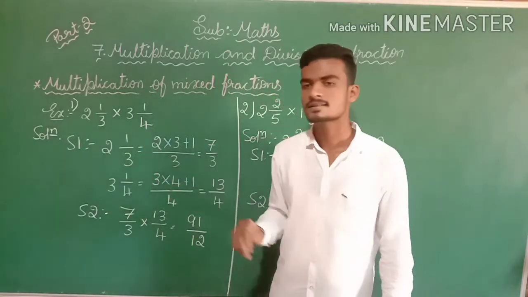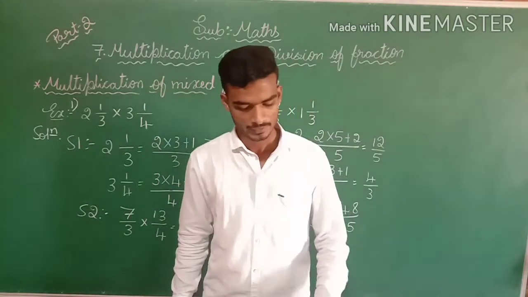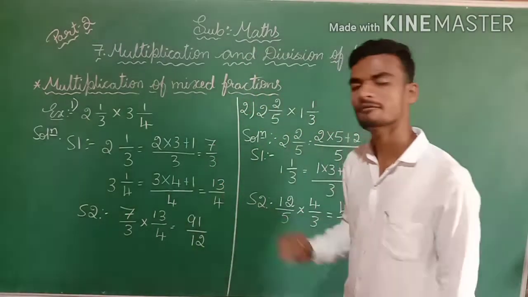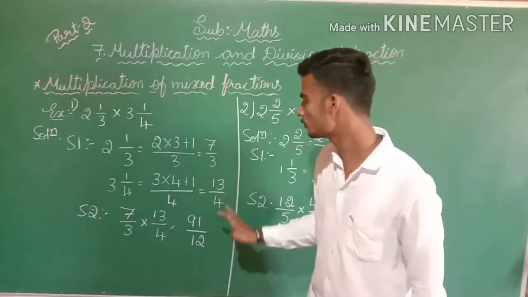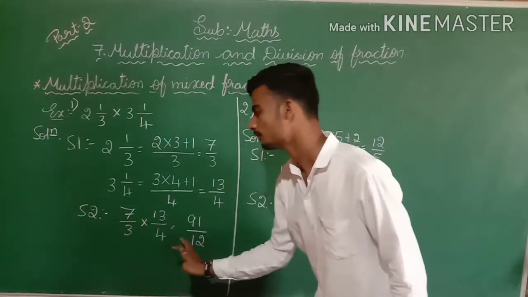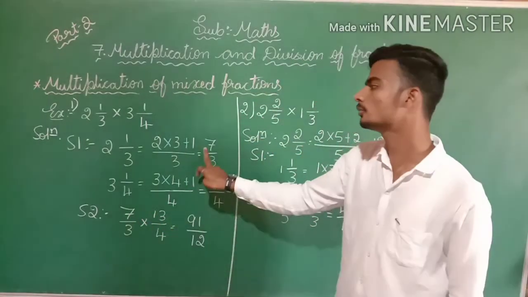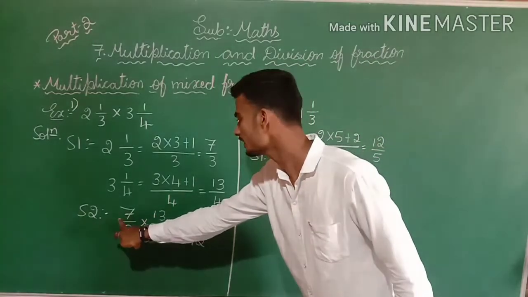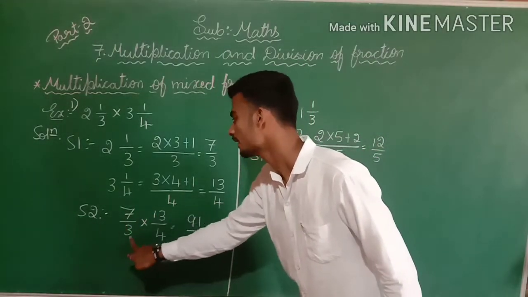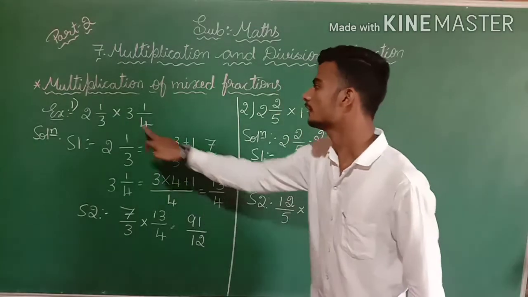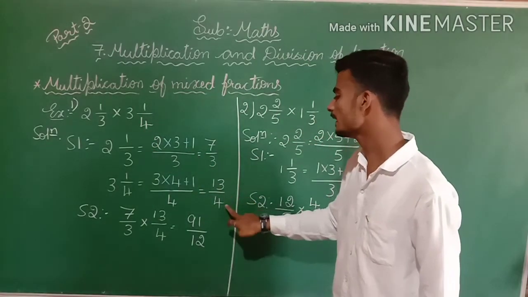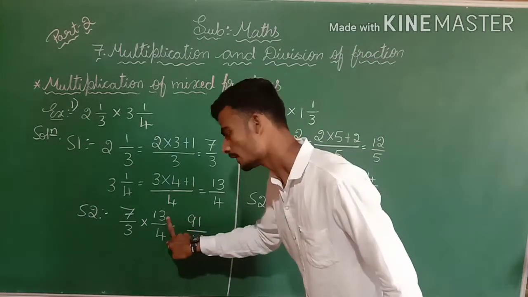Next, in step 2, you have to multiply these fractions. For 2 whole 1 by 3 we got 7 by 3, so I have written 7 by 3 into, and for 3 whole 1 by 4 we got 13 by 4, which I have written here.